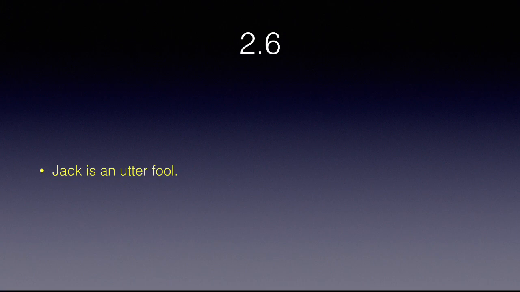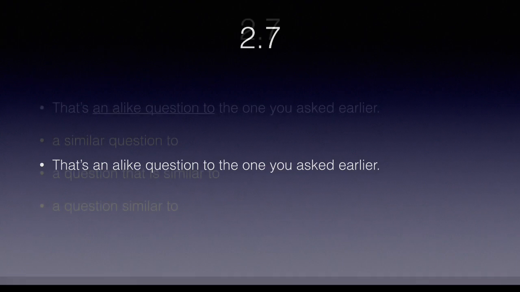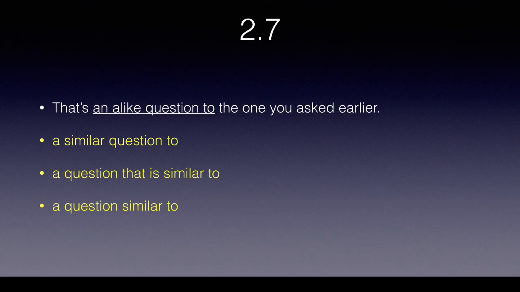So we can't say that fool is utter. Utter can only mean complete or total. Yes, alike is also on that list.